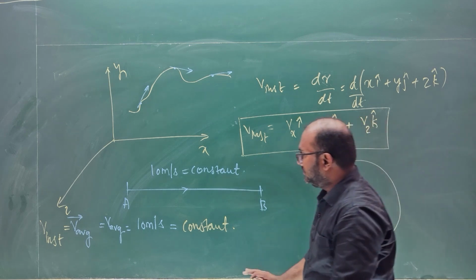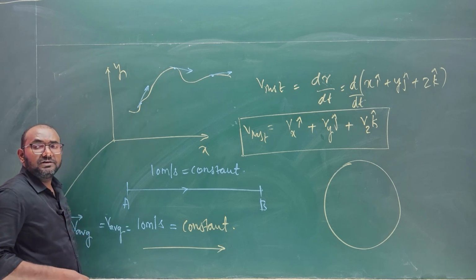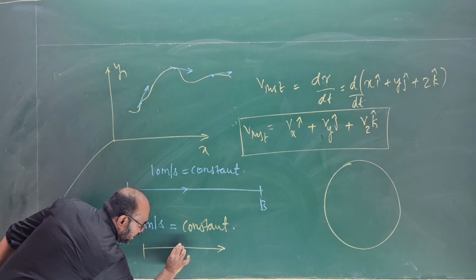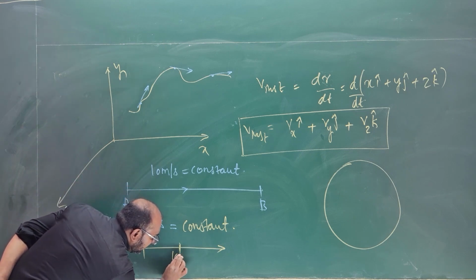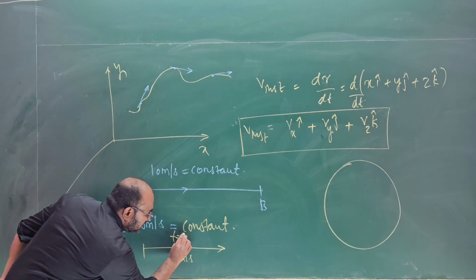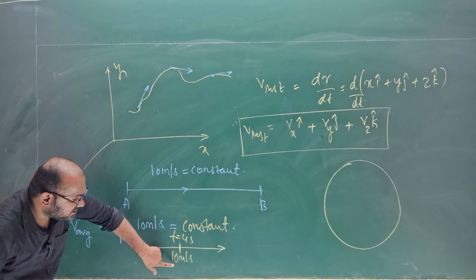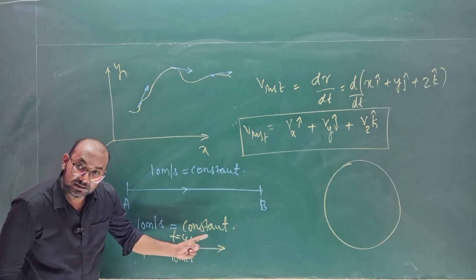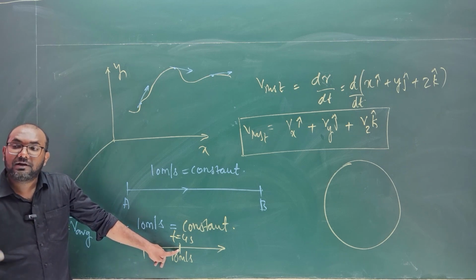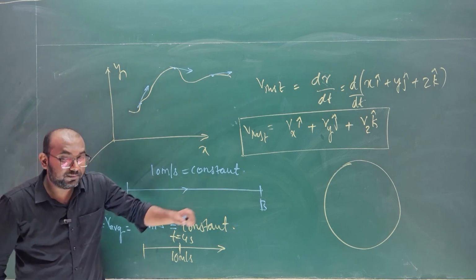Similarly, if a body is moving in a straight line, either with variable velocities, non-uniform velocities, or uniform velocities, whatever it may be, if at t equals 4 seconds I found the velocity of the particle is 10 meter per second, and the body is moving in a straight line, then instantaneous speed and instantaneous velocity will be the same. But the same thing is not applicable in circular motion.